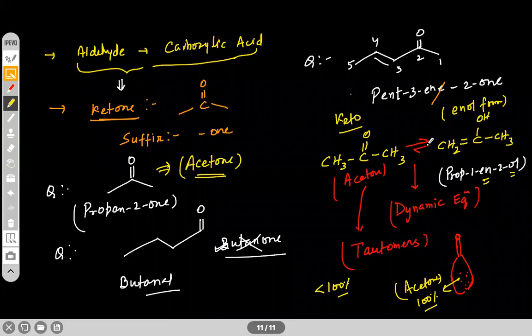Don't try to go into the depth of all this because you won't get it now. So let it be just a small thing, one term I have introduced to you. When we discuss isomerism, we'll discuss all these things in detail, right?